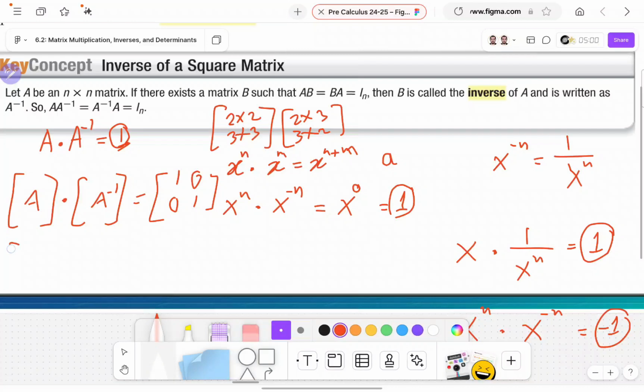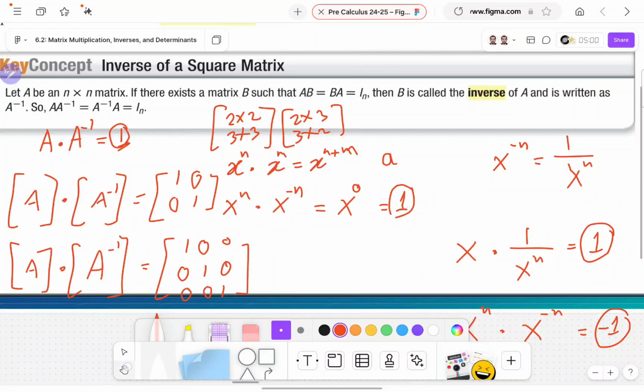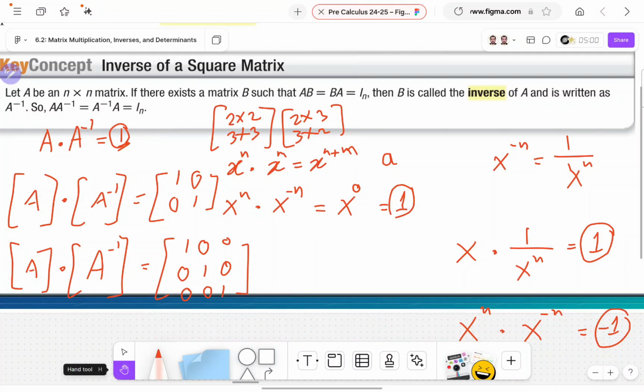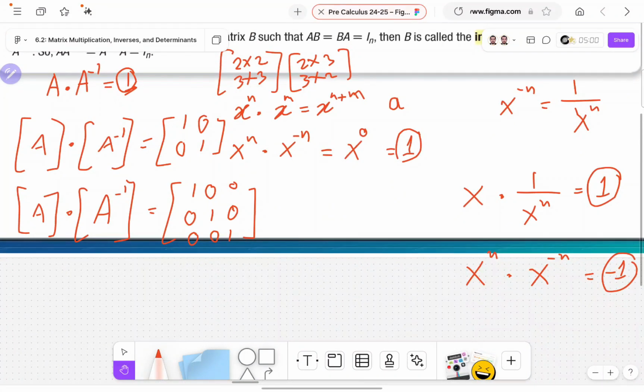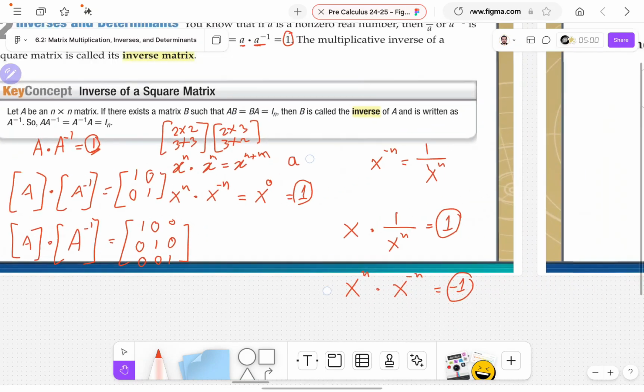Again, if I have matrix A times the inverse of matrix A, I will also get the identity. It depends on the dimension of the matrix, if it's 2 by 2, 3 by 2, 3 by 3 or whatever. So don't forget, matrix A times the inverse of the matrix is equal to the identity. Now I hope you understand this.